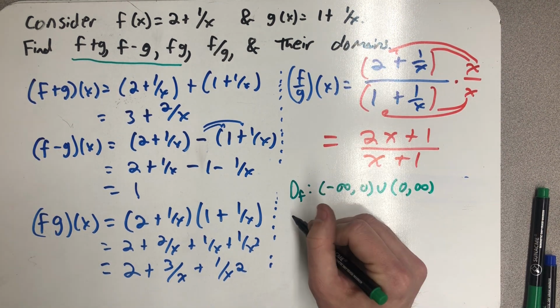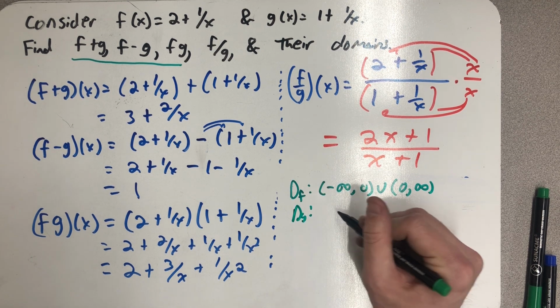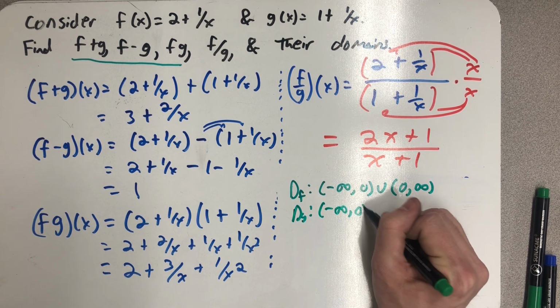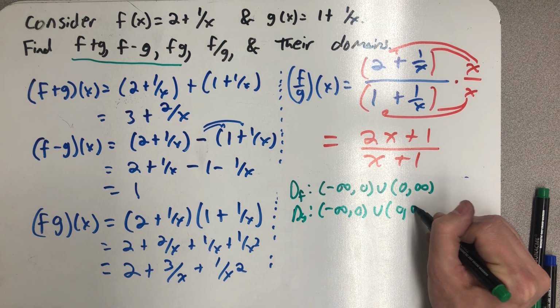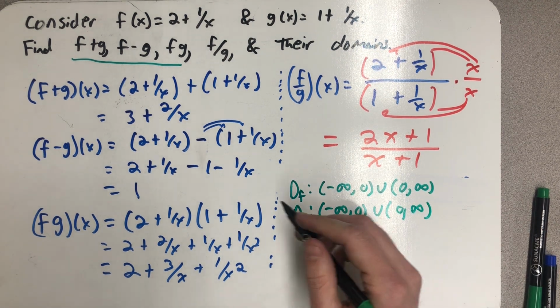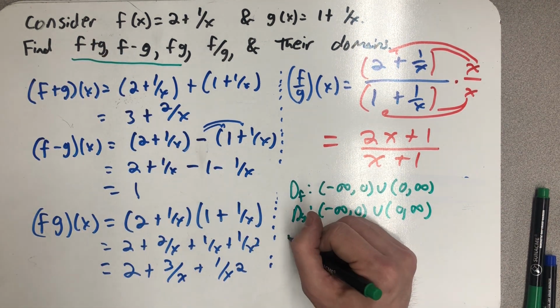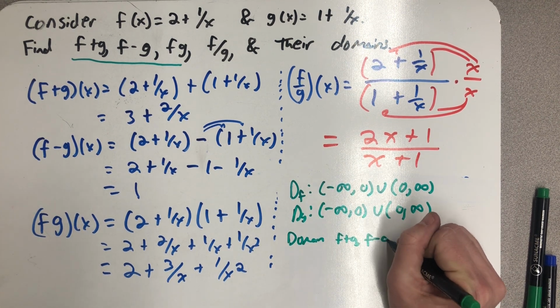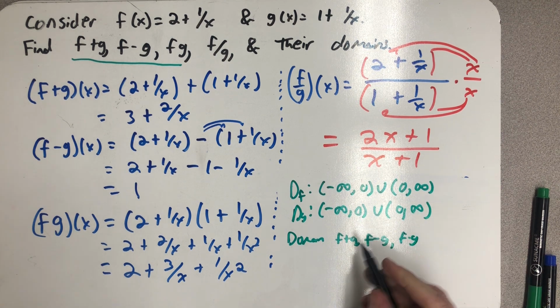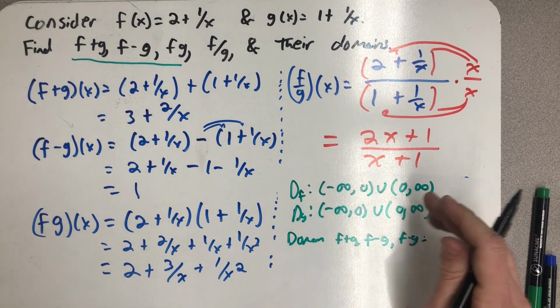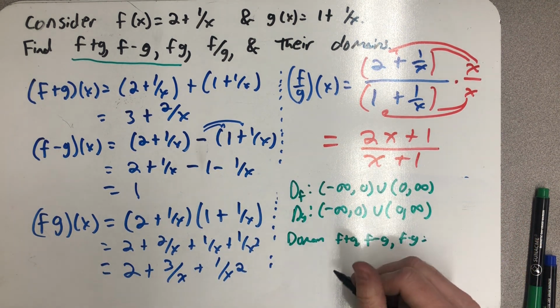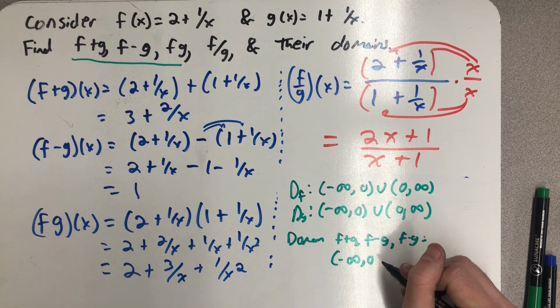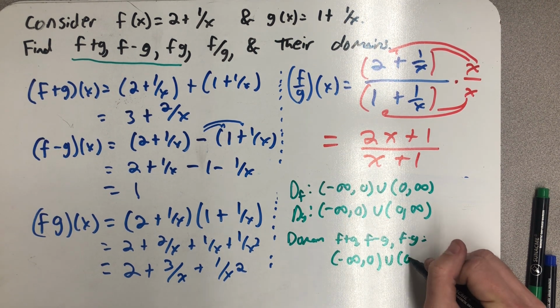If I look at g, I have the same problem. So the domain of f and the domain of g are the same domain, which means they overlap everywhere, telling me the domains of f plus g, f minus g, and f times g must be that domain where they overlap everywhere, from minus infinity to 0, union 0 to infinity.